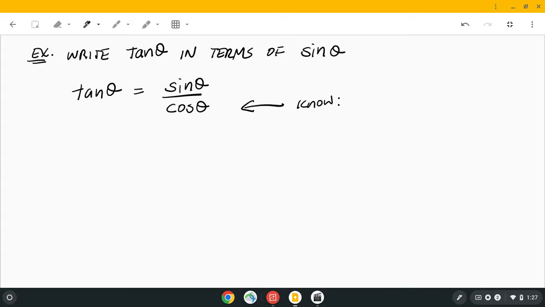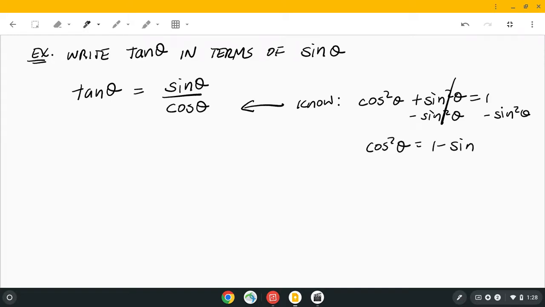that first Pythagorean identity. We do know that cosine squared plus sine squared equals 1. So if I solve for cosine squared, I would have to subtract sine squared from both sides, right? And then I get cosine squared theta equals 1 minus sine squared. Okay, but I need to solve for cosine, not cosine squared, so I'm going to go ahead and take the square root of both sides.